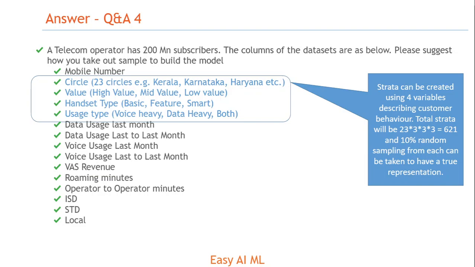Here, if I create a model using 10% of 200 million subscribers, my model will work in a similar way for the 200 million subscribers. So this is how the sampling technique works.